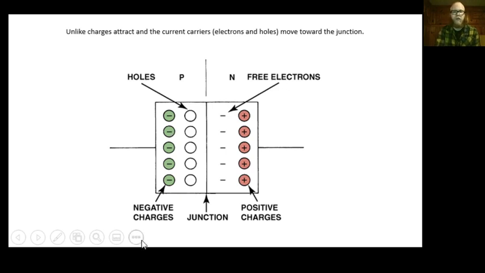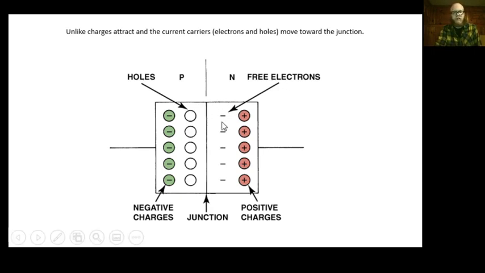I think I actually got that backwards with boron and phosphorus, but who really cares? In between these two, there's obviously a junction, basically a border in which one type of material stops and the other begins. This junction is what we have to get across to be able to start flowing current.